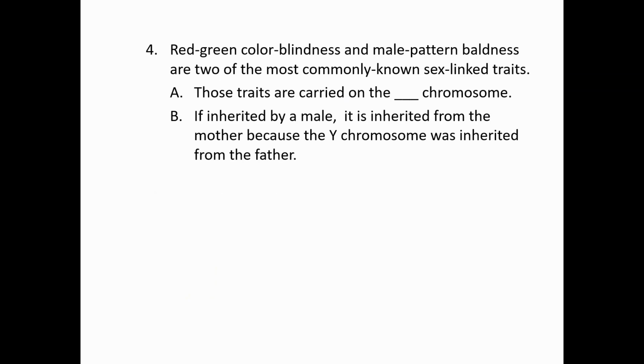There are a lot of different conditions related to X and Y chromosomes. Male pattern baldness is one, which is why sometimes you hear that it passes down from the mother's side, because it's passing on the X chromosome. Red-green color blindness is also found on the X chromosome. These are two very commonly known sex-linked traits.